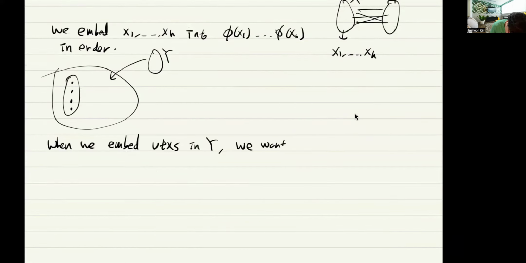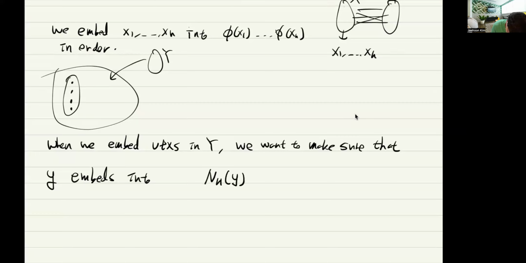We want to make sure that Y embeds into, say, you take a neighborhood of Y. So in here, you have Y, then you consider its neighborhood, let's say these three vertices.